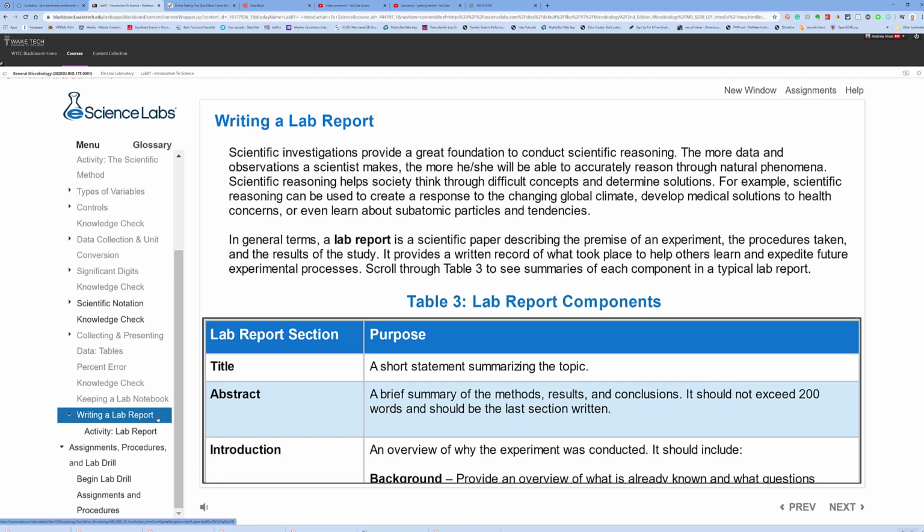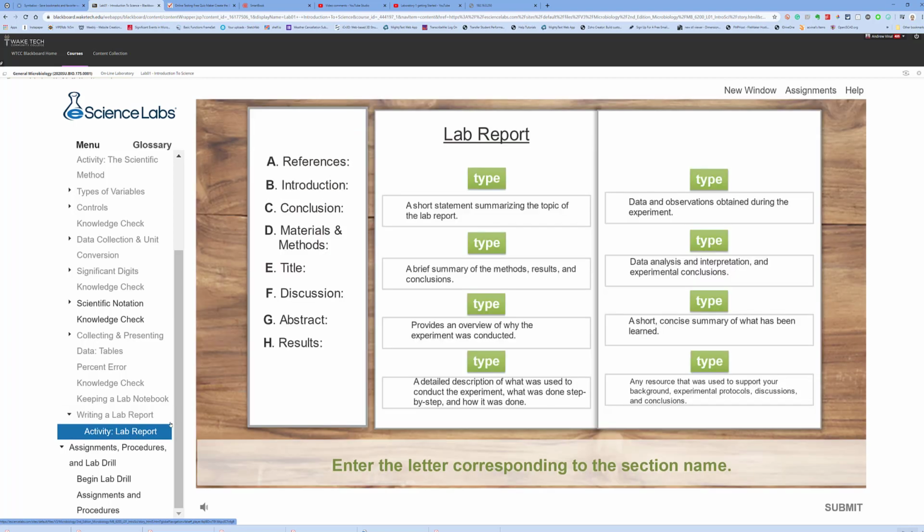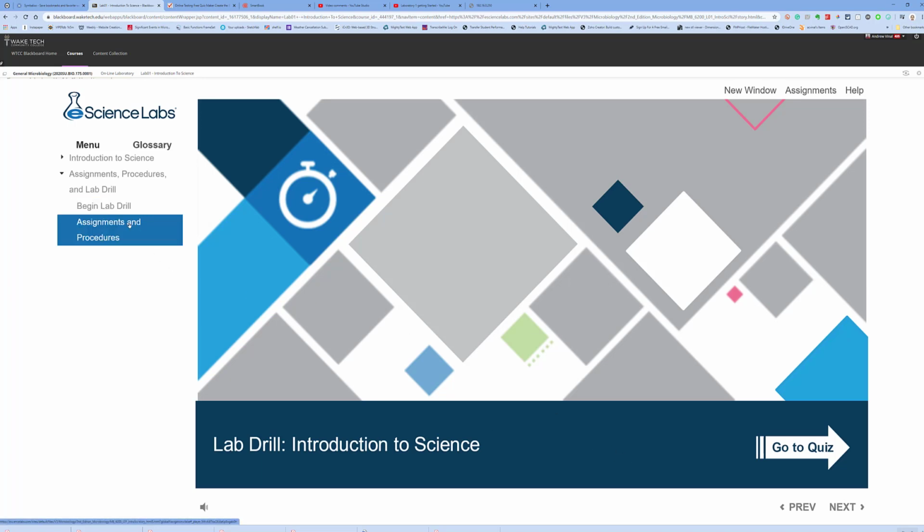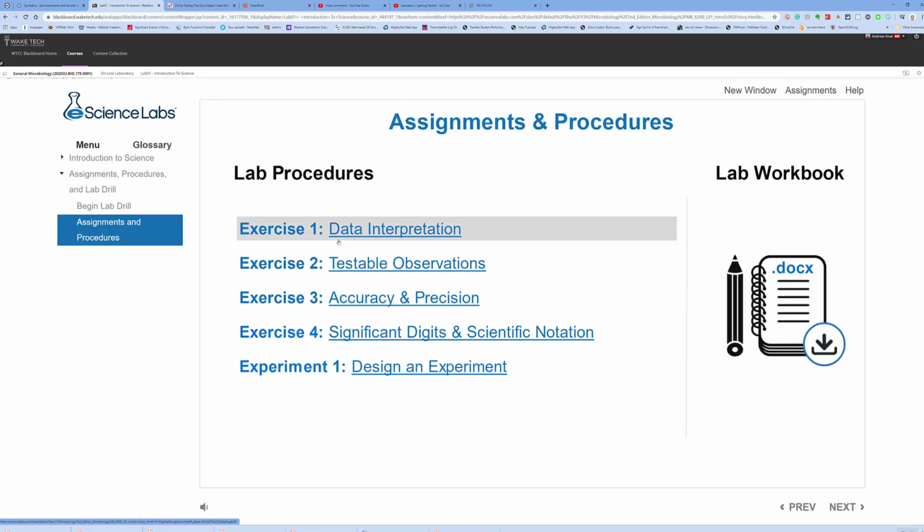Now I'll indicate when a lab report is due for a particular activity, but you can work through these types of problems to see what's going on. There's a quiz. Go ahead and do that, and then lab procedures.